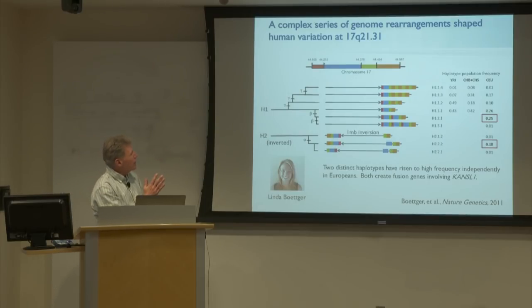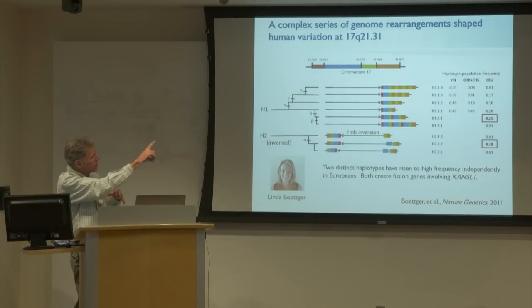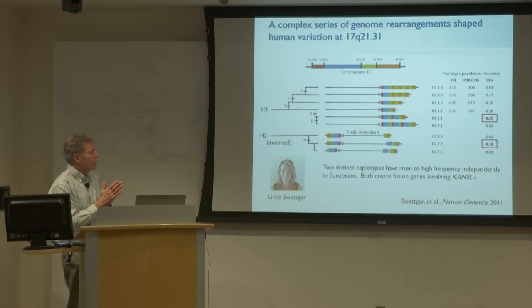The top is showing, I believe, the HG19 reference, and it's showing these 4 blocks in different colors. And then below, this is showing pictures of the different structures we see occurring at high frequency in humans. Some with the inversion in the forward orientation, those are the top 6 labeled H1, and some with the inversion in the reverse orientation. And then you get these polymorphic copy number changes.